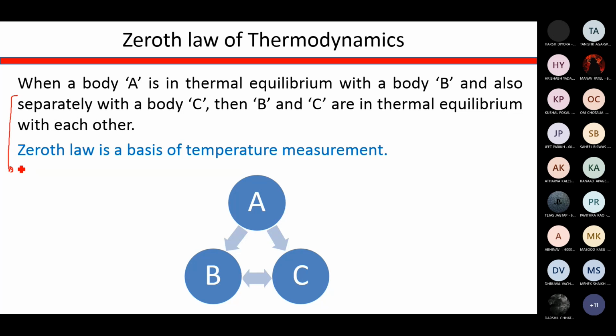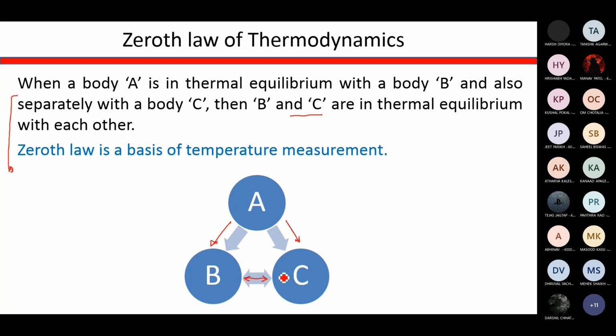When body A is in thermal equilibrium with body B and also separately in thermal equilibrium with body C, then we say that body B and C are in thermal equilibrium with each other. So that is what zeroth law of thermodynamics is.